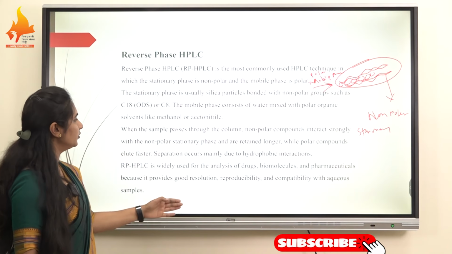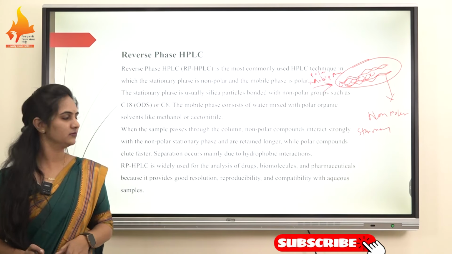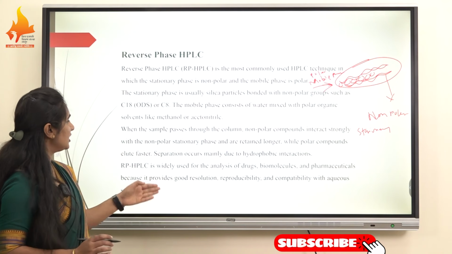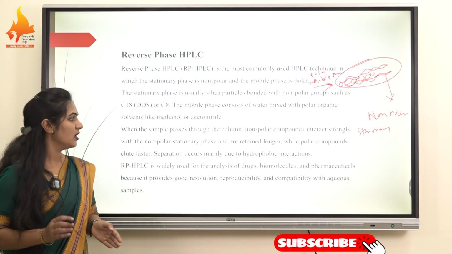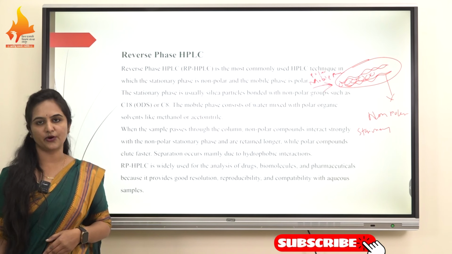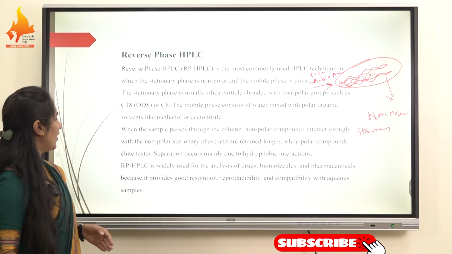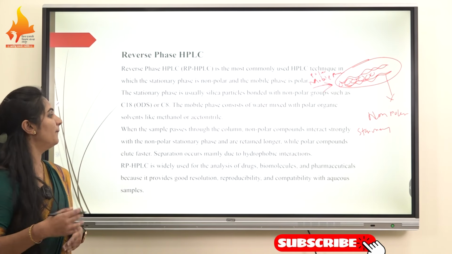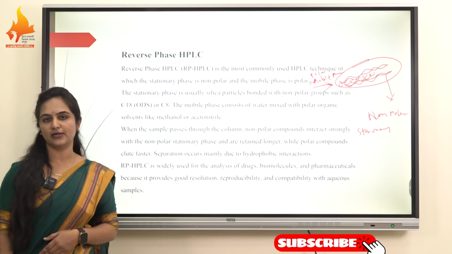Separation occurs mainly due to hydrophobic interaction. Reverse phase HPLC is widely used for the analysis of drugs, biomolecules and pharmaceutical products because it provides good resolution and compatibility with aqueous samples.